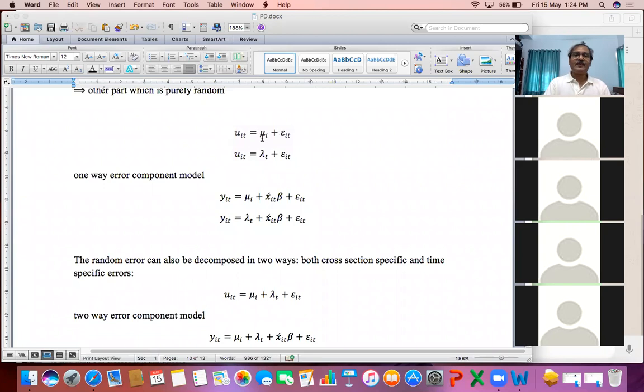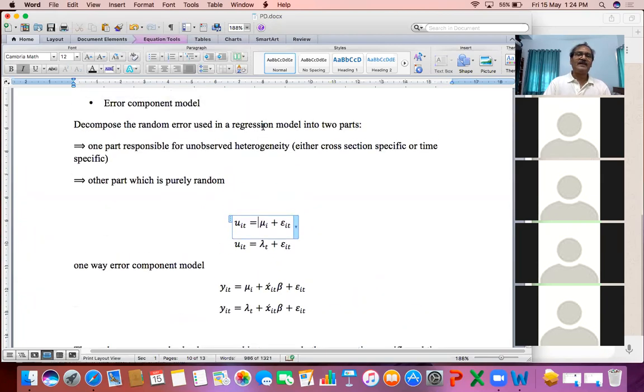So when the error component is decomposed in one way, we have a one-way error component model. Different types of error component model we may have. When we decompose the error in one way, we have a one-way error component model like this.